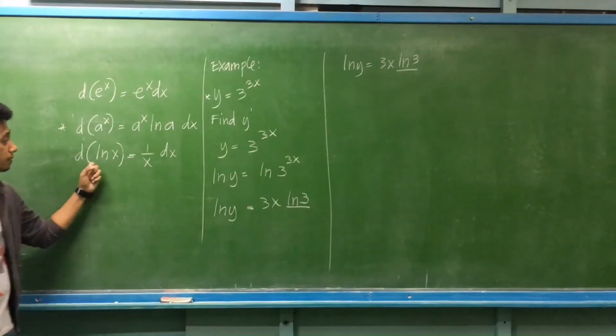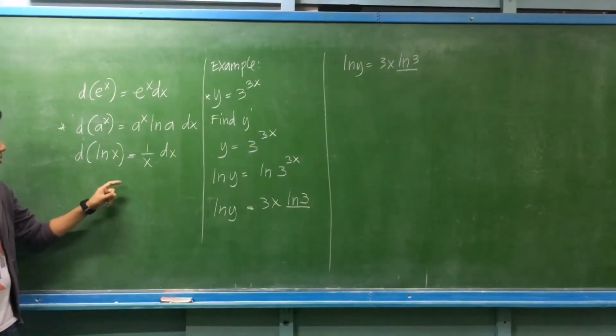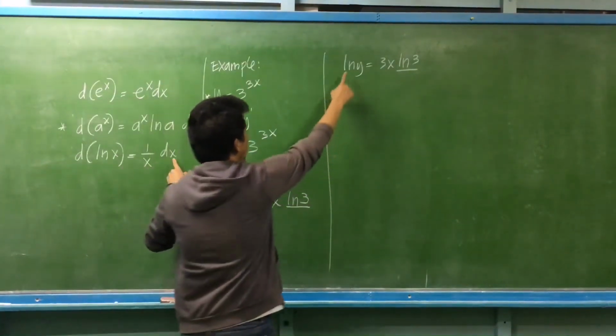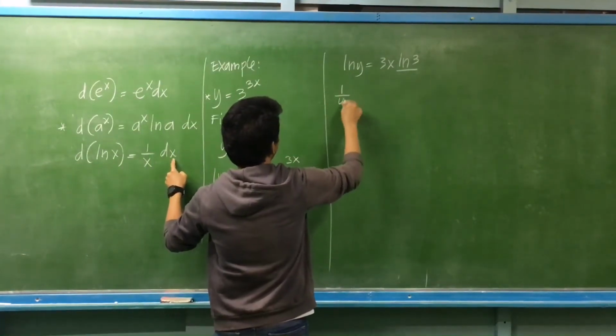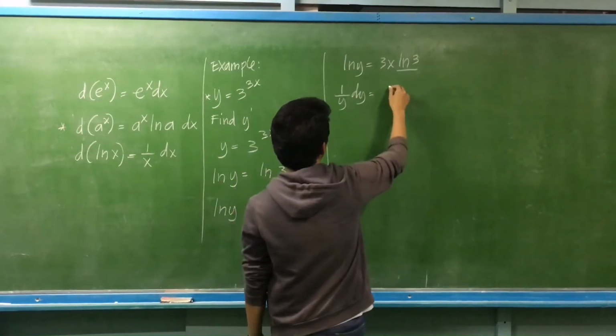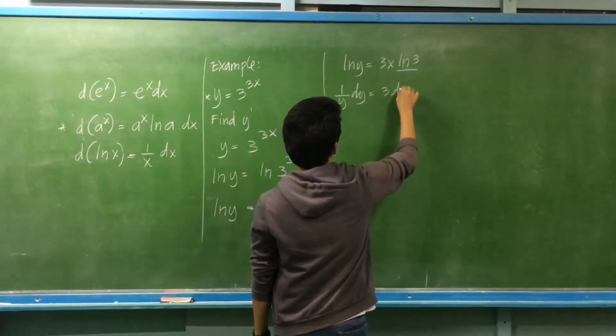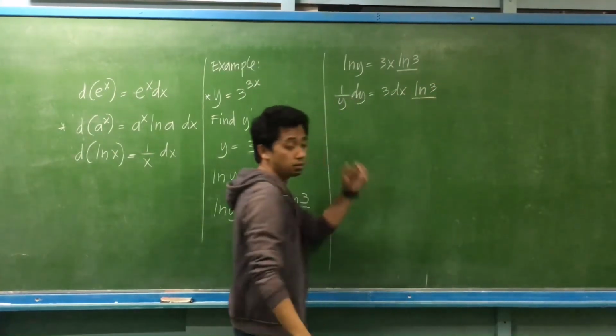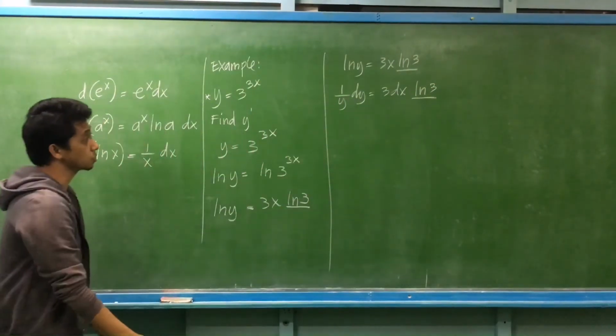We may apply the rule that the derivative of ln of x is 1 over x dx. For y, that will be 1 over y dy is equal to the derivative of 3x, which is 3 dx, times ln of 3. Again, ln of 3 is already a constant.